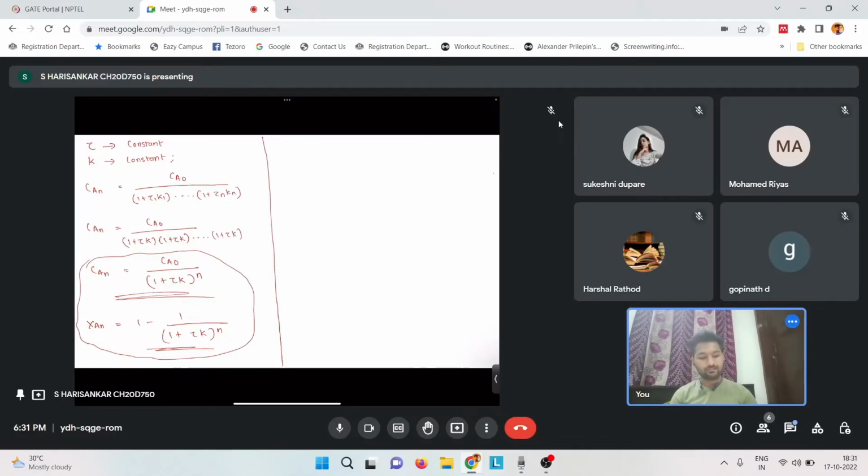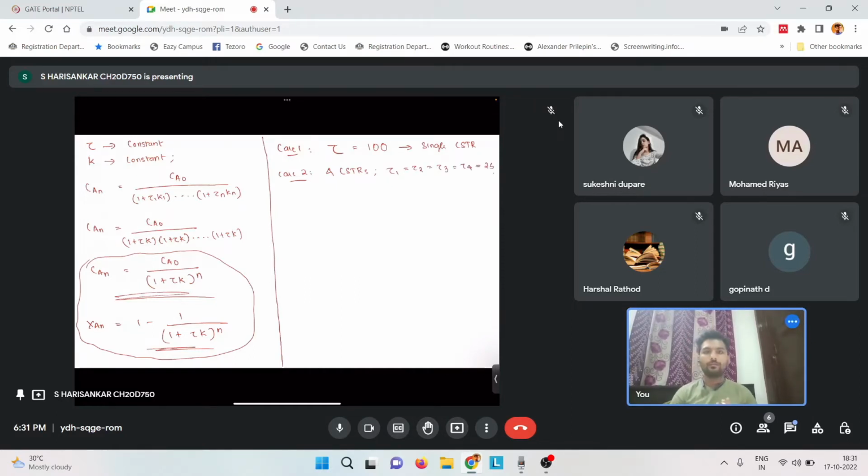So let's take case one. We have a CSTR with tau as, let's say, 100 units, and let's take case two where we have four CSTRs in series. This one is a single CSTR, and in case two it is four CSTRs with tau 1, tau 2, tau 3, tau 4 as 25.